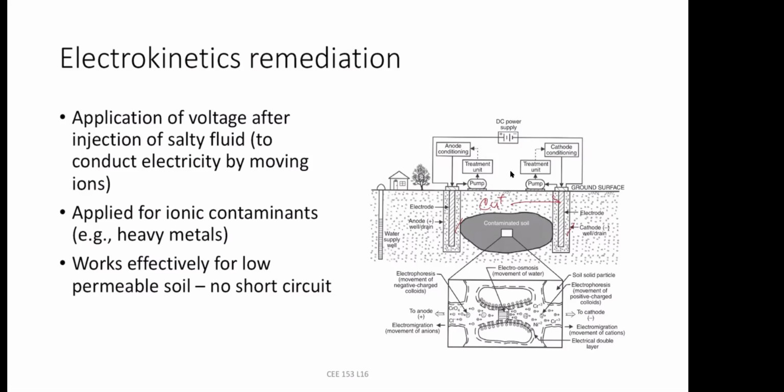All the negative ions will be attracted towards the anode, the positively charged plate. So what you are doing here is making the pollutant move. You don't have to worry about whether you can access that pollutant or not. Here you are applying this voltage, creating these gradients so that pollutants can move. You don't have to worry about water at all.